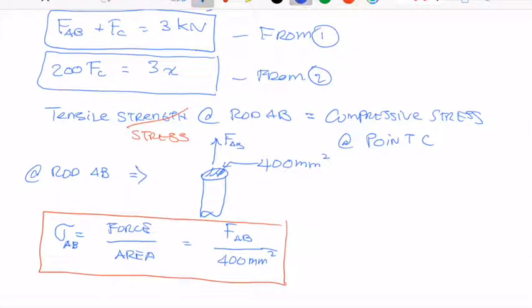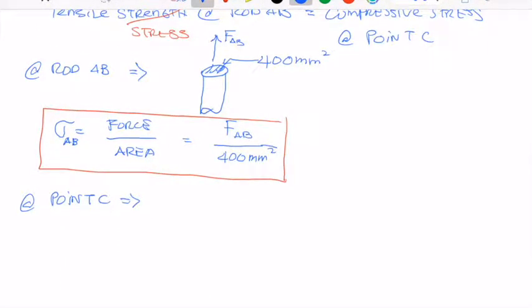And simultaneously, you can also do the stress calculation at point C. Now we have point C, and this is FC, and the area is 650 square millimeters.